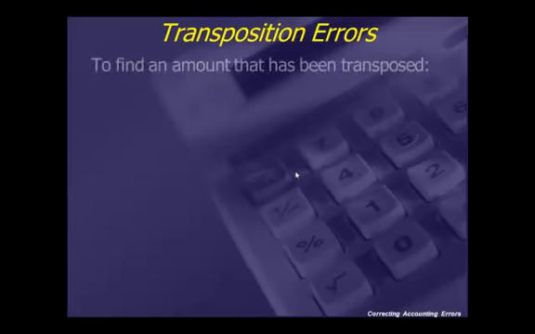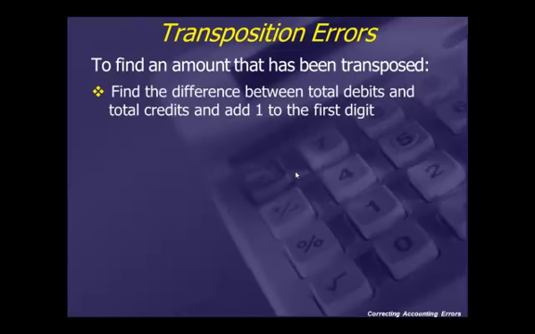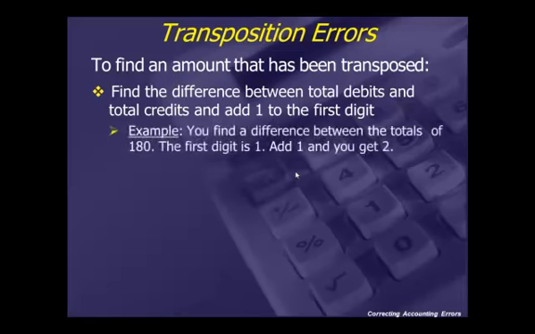So we want to find the amount that has been transposed. Find the difference between total debits and total credits and add 1 to the first digit. Example, you find a difference between the totals of 180. The first digit is 1.